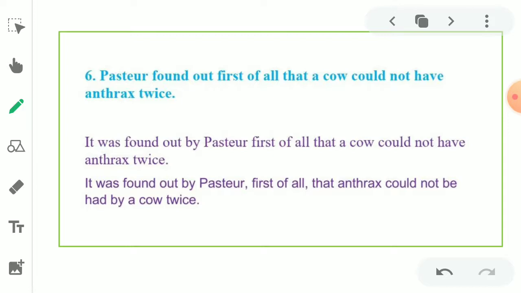Pasteur found out first of all that a cow could not have anthrax twice. So here there is a problem. I have written two sentences here, 1 and 2. But what is the problem?